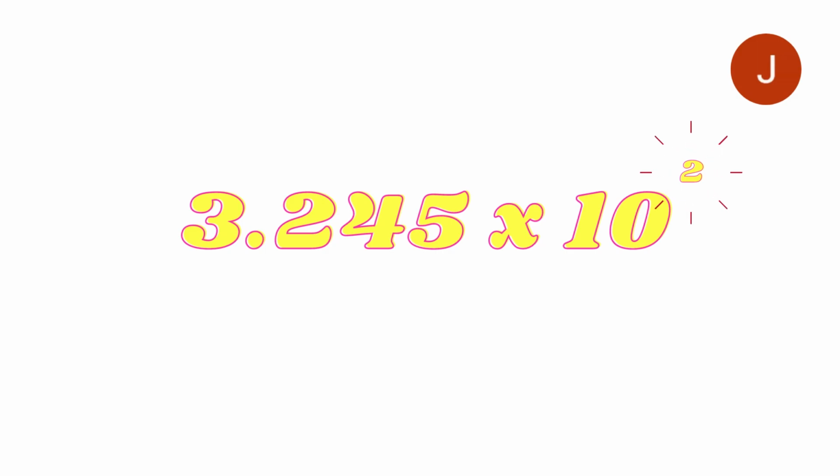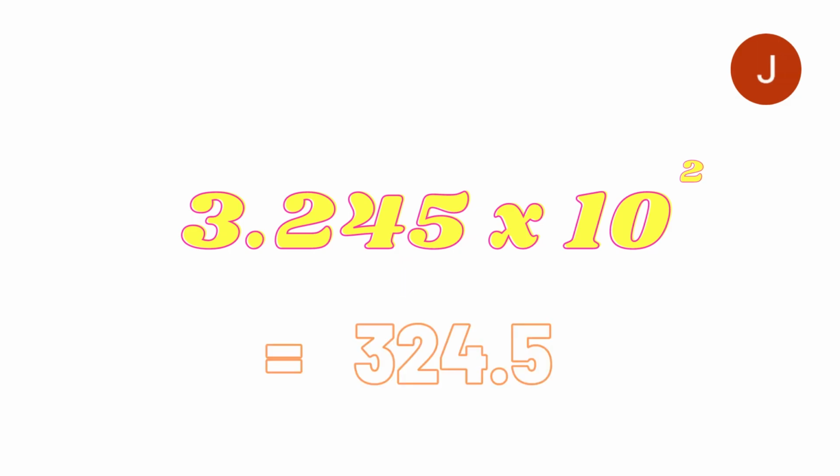Since in this case it's 2, we move the decimal point 2 places to the right. Let's start moving it. 1 and 2, and I place the decimal point here. And I got my answer, which is 324.5. It took us only a couple of seconds to solve it this way. Very much easier than the traditional way that we solved before.